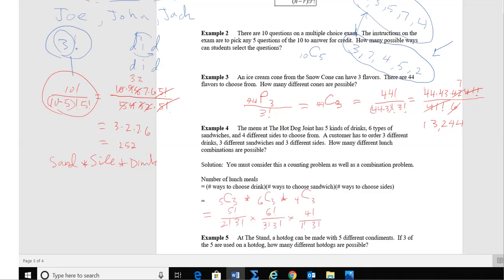Okay, so that's some work, but let's see, I'm going to bring it over here. We got 5 factorial. So I'm going to go 5 times 4 times 3 factorial, and then you got the 2 with a 3 factorial, and then you got a 6, 5, 4, 3 factorial over 6, and then that 3 factorial, and then you've got a 4 times 3 factorial over 3 factorial. 1 factorial is 1.